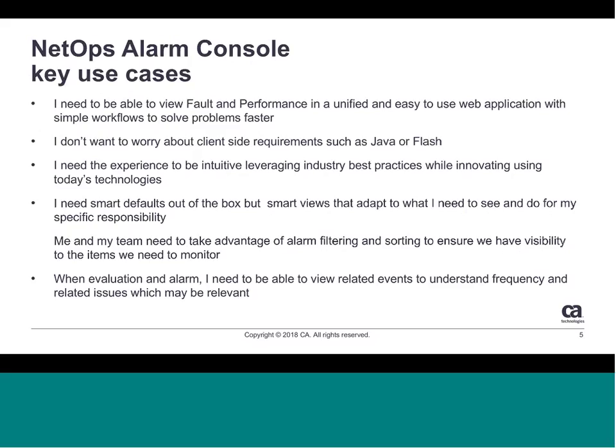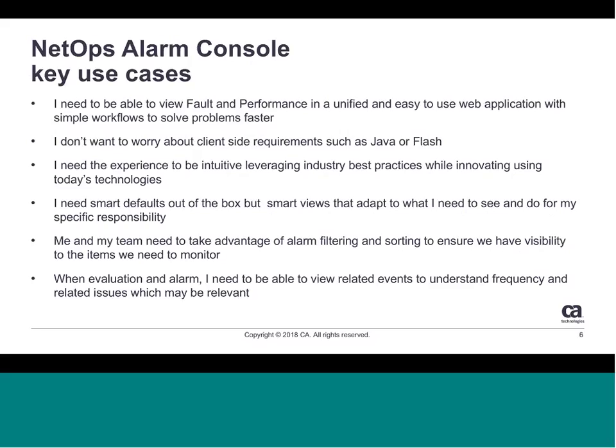So from a NetOps Alarm Console, we really wanted to enable some key use cases, speaking with our customers, both customers that leverage Spectrum today as well as those that don't. What are they looking for from an alarm console perspective? We know we want to be able to view fault and performance in a unified and easy-to-use way through a web application.